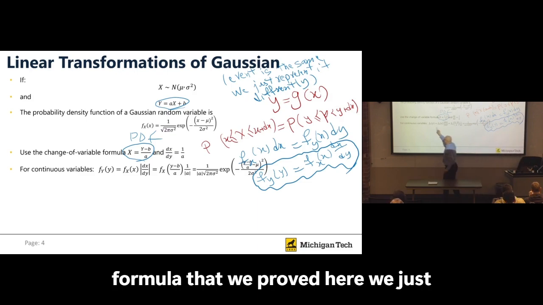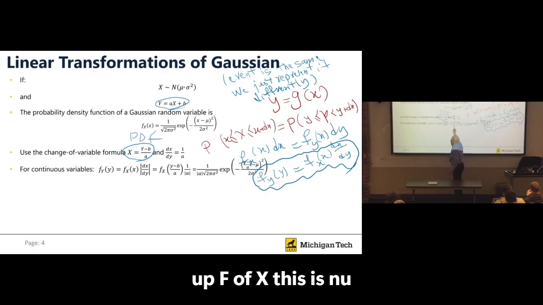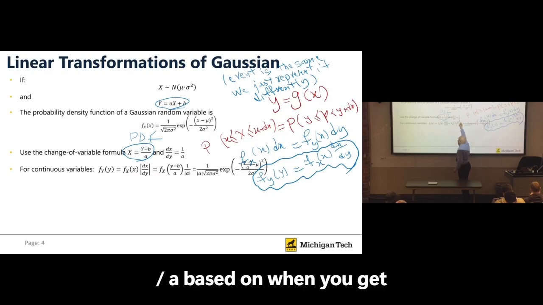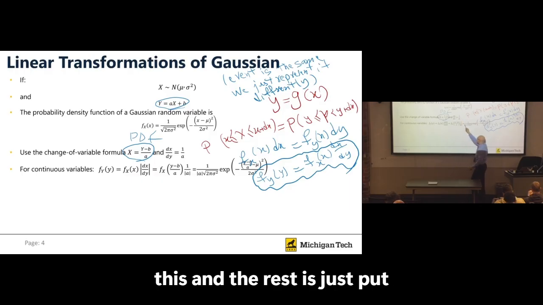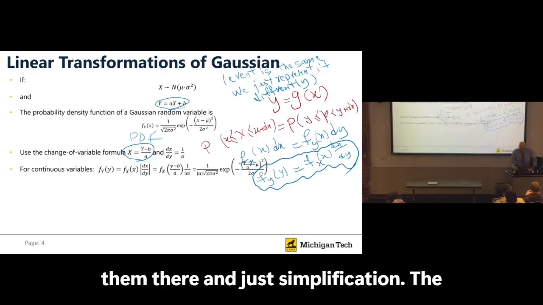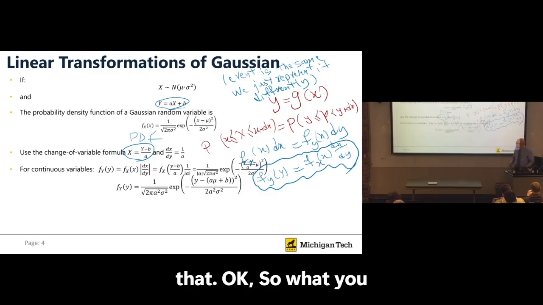Based on the formula that we proved here, f of x is the new x, and dx over dy is 1 over a. When you take the derivative, you get this, and the rest is just simplification, and the result is going to be something similar to that.